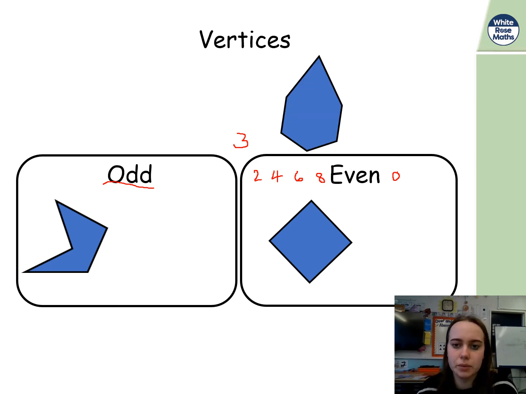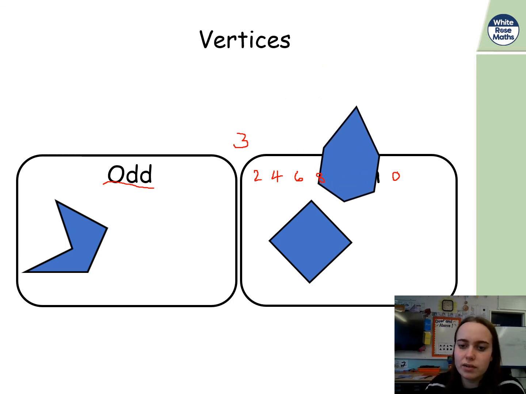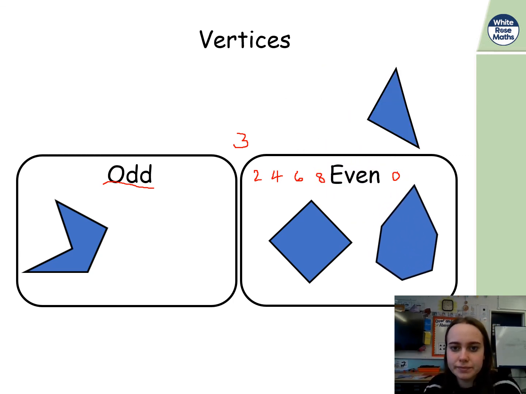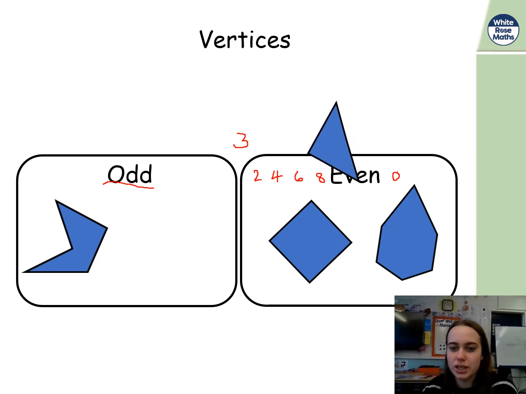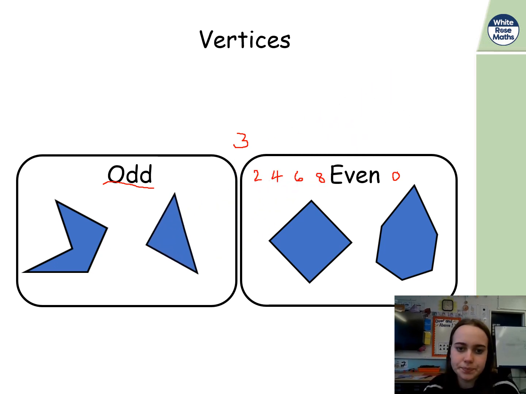How about the next shape? See if you can work this one out. How many vertices has it got? Is that an odd amount or an even amount? Now this one's got 6, so that is an even number. And we spoke about a triangle earlier, so a triangle has 3 vertices, so that will go over into the odd because that's not a part of the 2 times table.